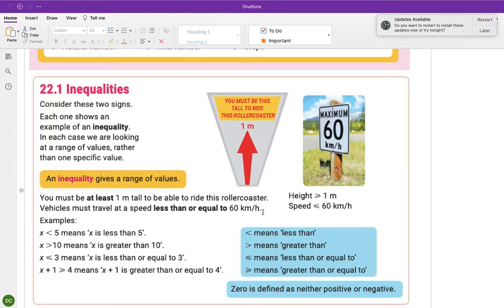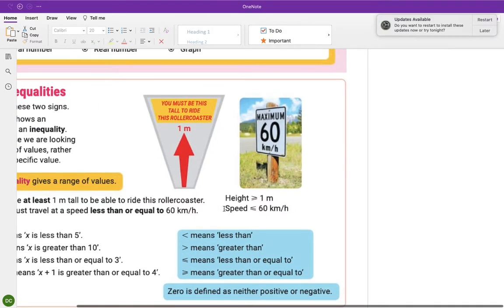Because this is ordinary level, there's a lot of pretty straightforward stuff here. So an inequality, unlike an equals. When we have an equals, you've been told an exact value.